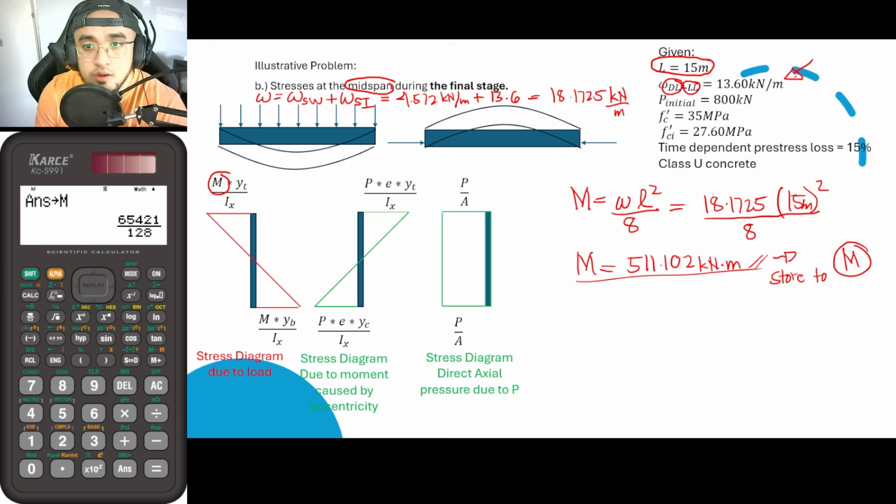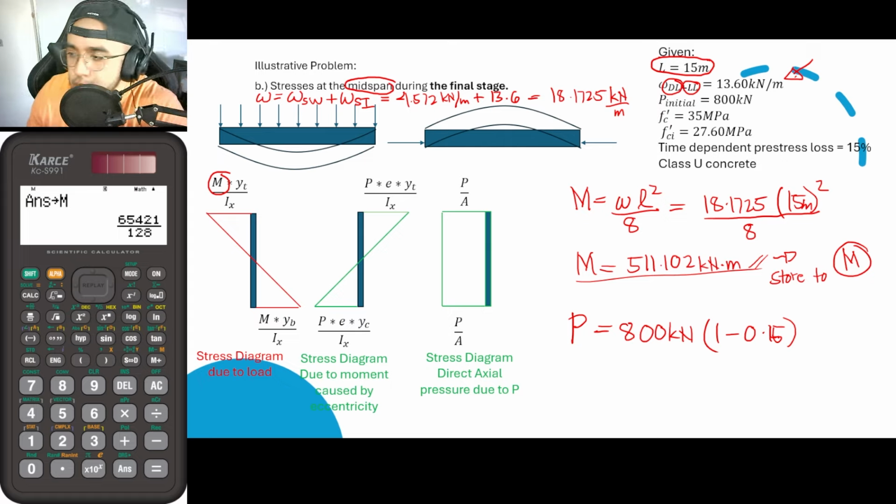Okay. So from that, guys, in order for us to know what the value of our new pre-stressing force is, our P final is now equal to 800 kilonewtons times 1 minus 0.15. Because if we would be removing 15% from 100%, that is now 85%. Or basically, if you would now be solving for this equation, this is 0.85.